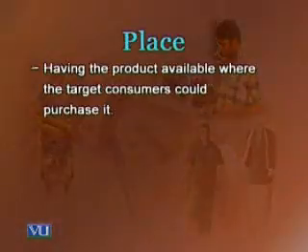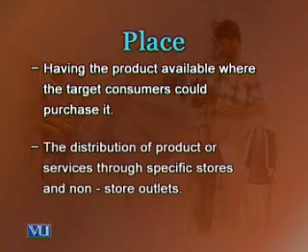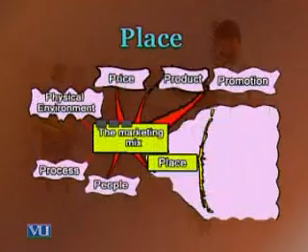So how do we actually define the place? Place is not just a place where the consumers go and purchase the products. Place means having the product available where the target consumers could purchase it. It essentially means the distribution of product or services through specific stores or non-store items. So when we think about the place, let me show you on the slide, we are thinking about all these factors.